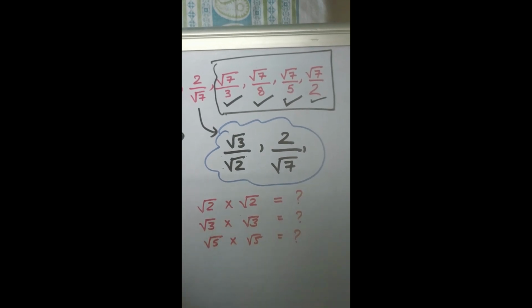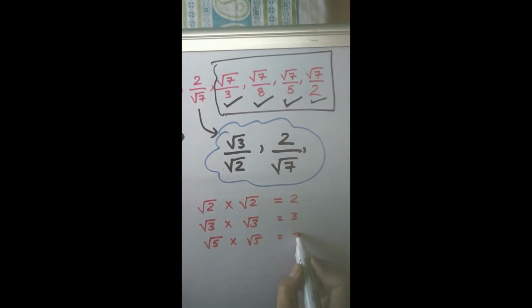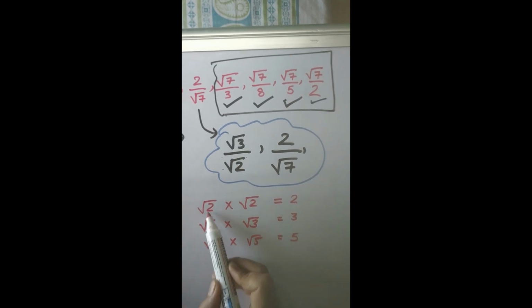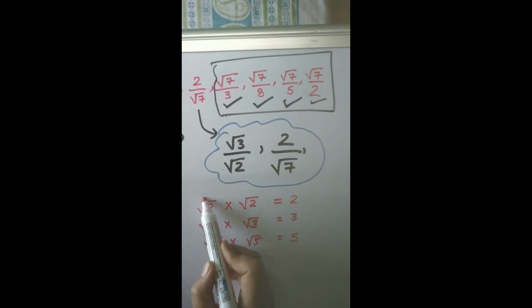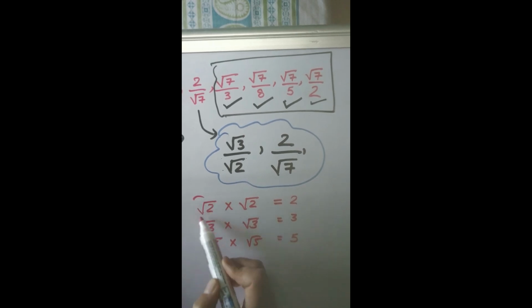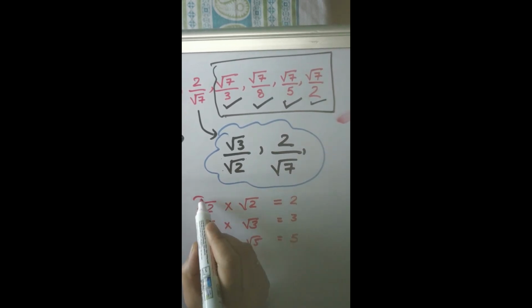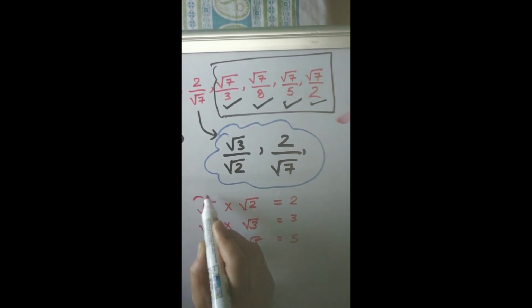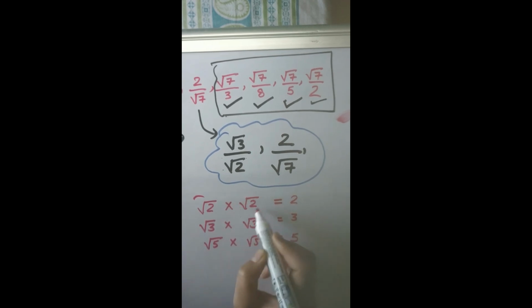By now you would have calculated your answers, that this is 2, this is 3, this is 5. It's purely logical. This is square root of 2, it's unknown. You can call this number square root of 2, root 2.